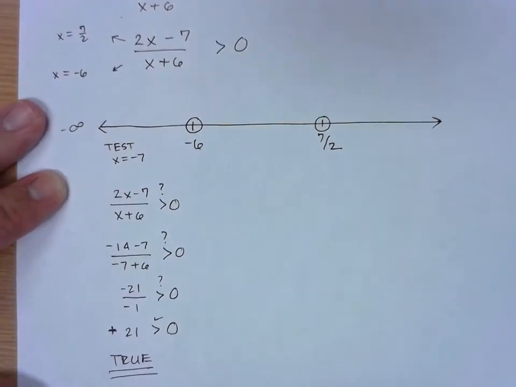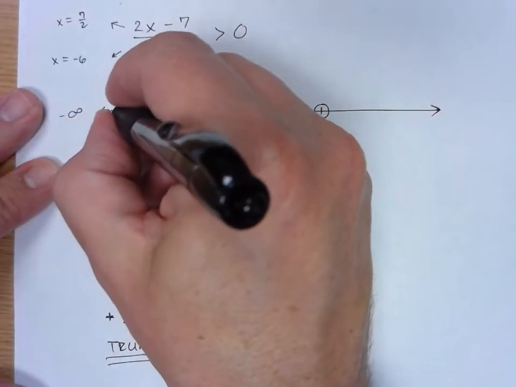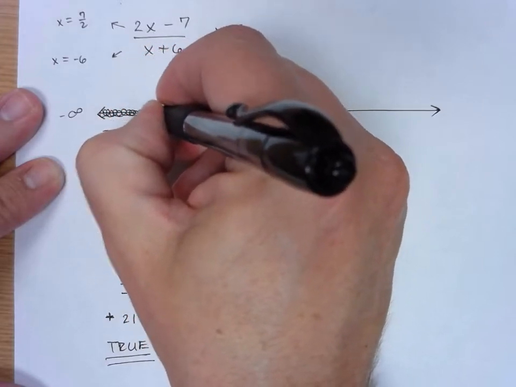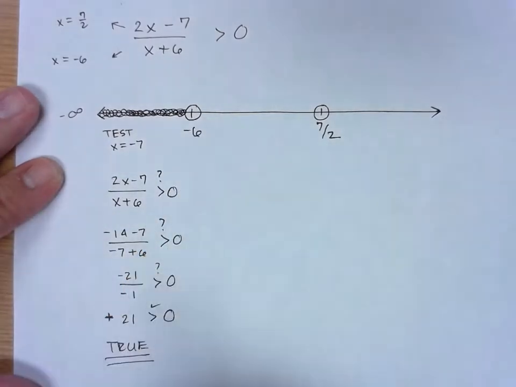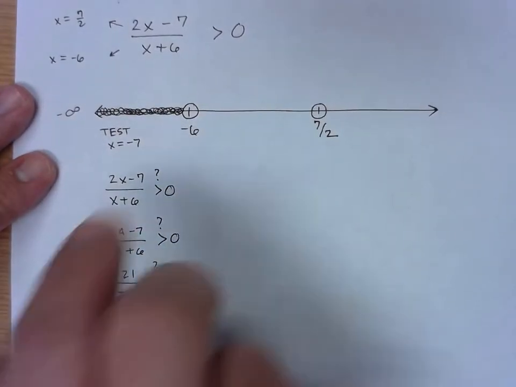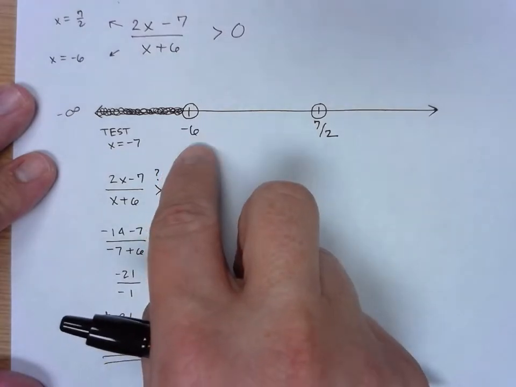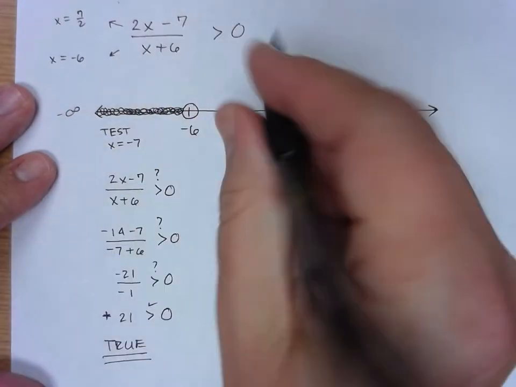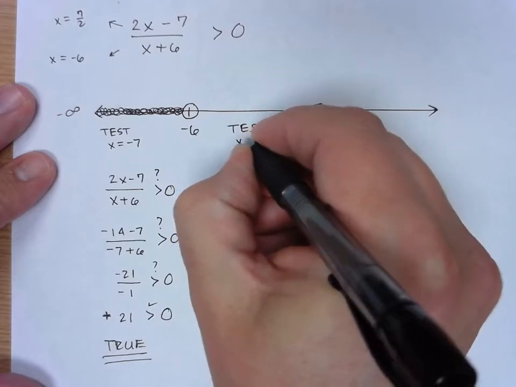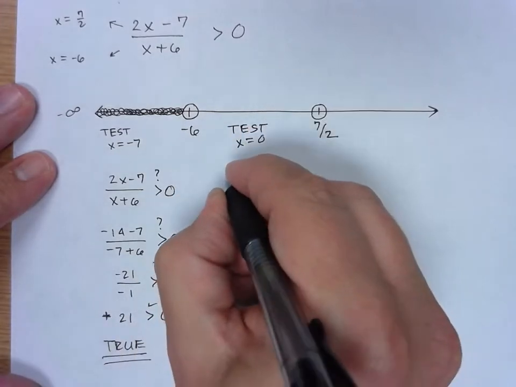So that means I should include any value from that interval, from -infinity up to, but not including, -6. Okay. So now for my middle interval, you're going from -6 to 3.5. So the easiest thing to check there, once again, is going to be x equals 0. Anytime you can use it, do use it.